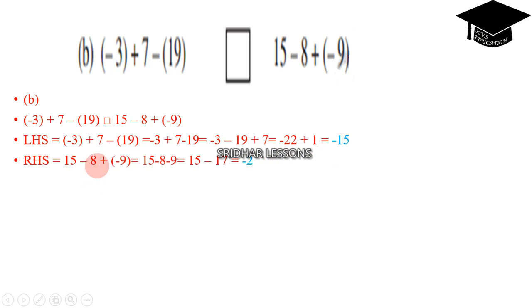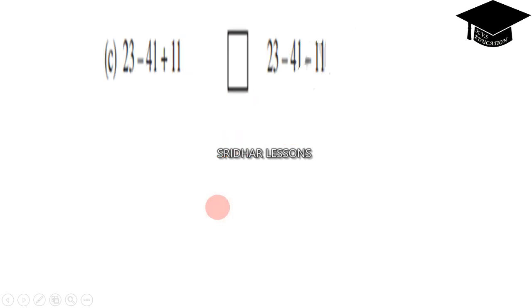And RHS is equal to 15 minus 8 plus of minus 9. That is 15 minus 8 minus 9. So 15 minus 17 is equal to minus 2. Therefore, minus 15 is less than minus 2. So here we have to put the symbol less than.